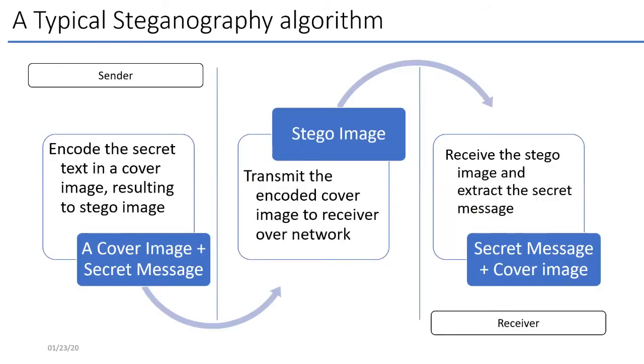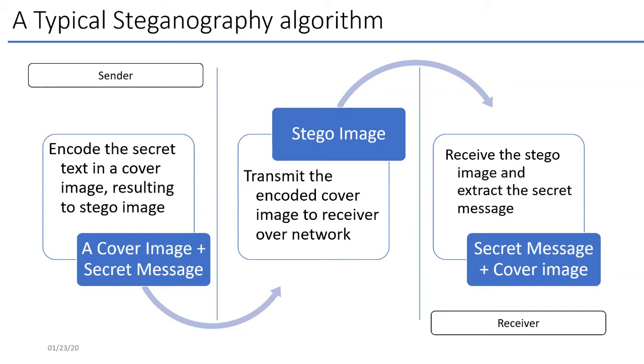Whatever I told, I just put it in a flow. Here, there are three parts. One is the sender, the middle one is the communication channel, and the receiving end, where the receiver will exist. The sender will encode the secret text in a cover image.